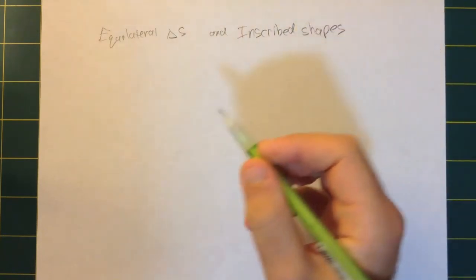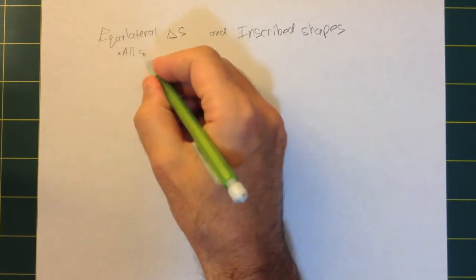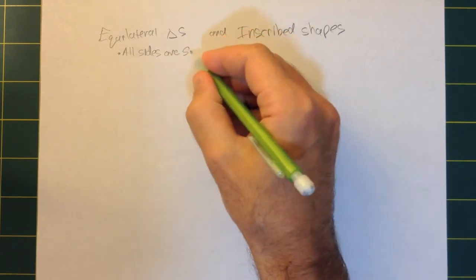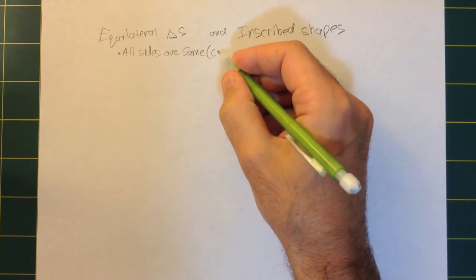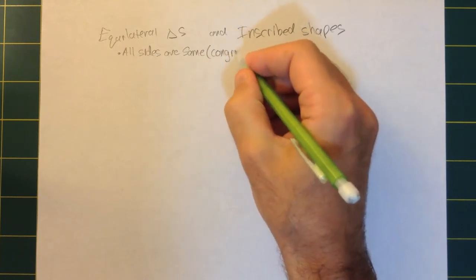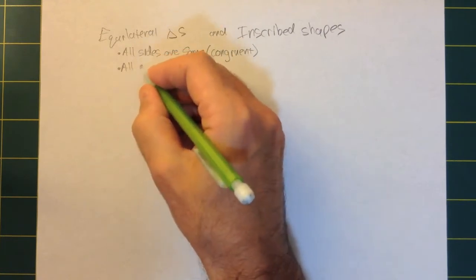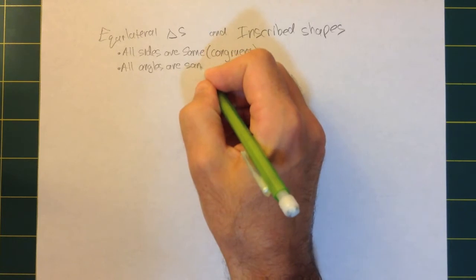When we talk about equilateral triangles, those are triangles where all sides are the same, or we would say in slightly more technical language that they are all congruent to each other, and also all of the angles are the same.